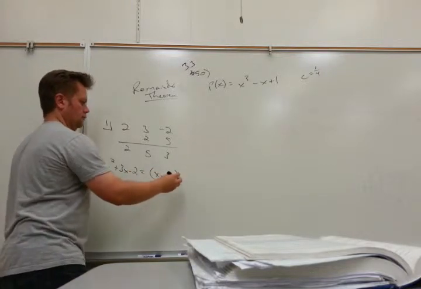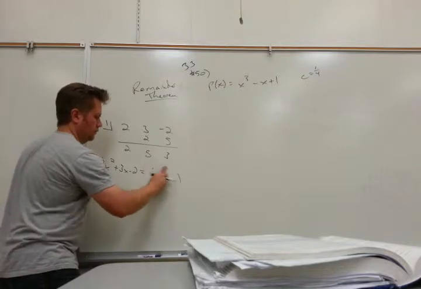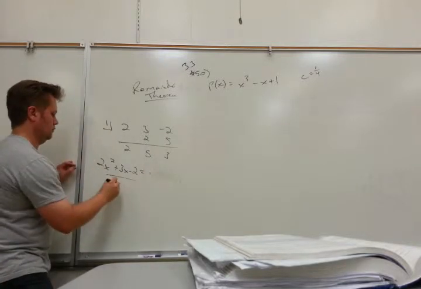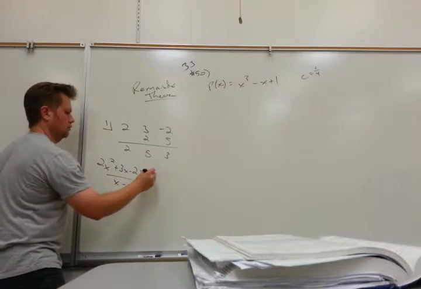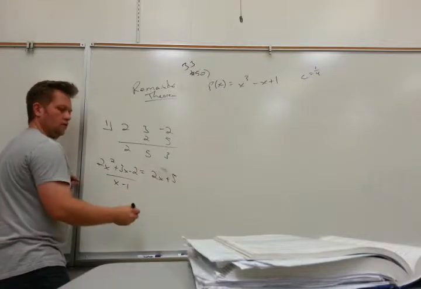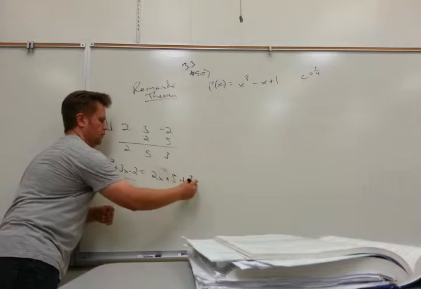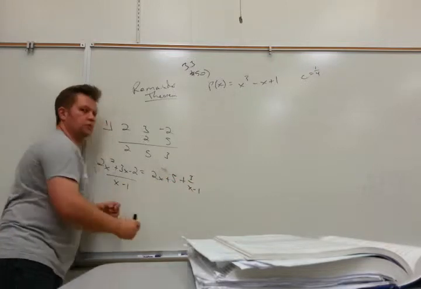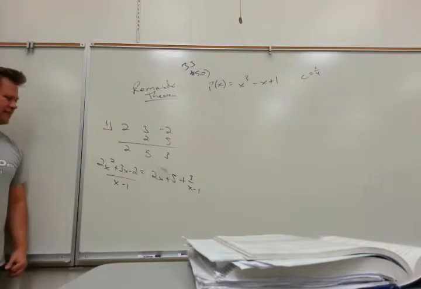So it's 2x plus 5, plus the remainder 3 over x minus 1. Is that cool? Yeah. So that's what that says.